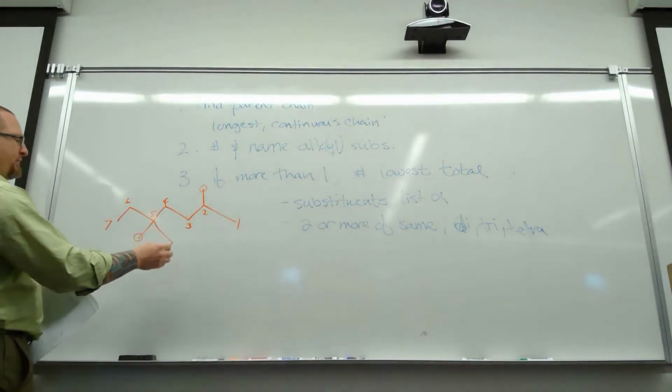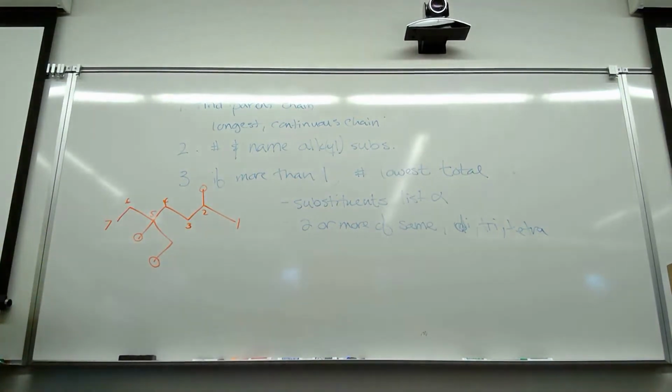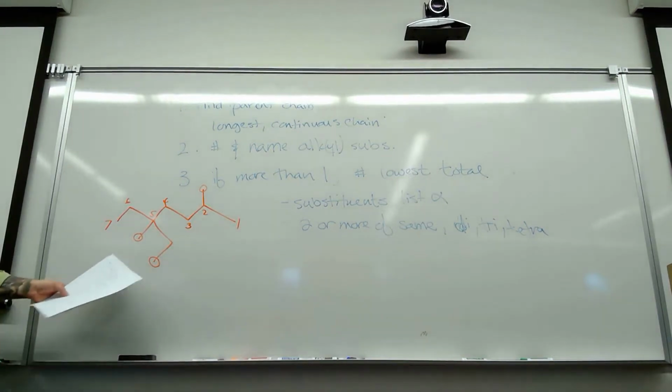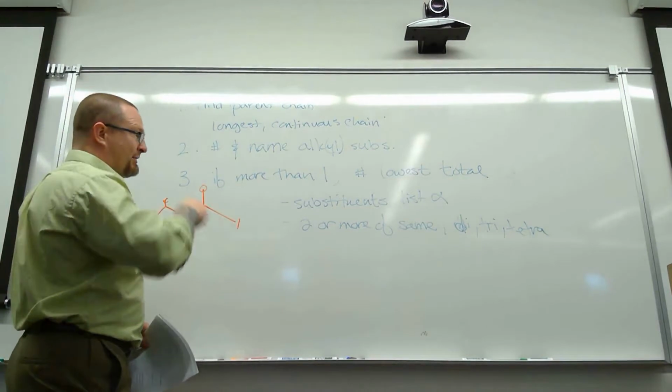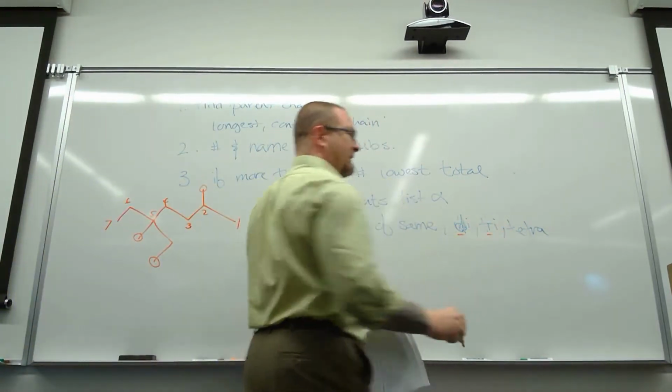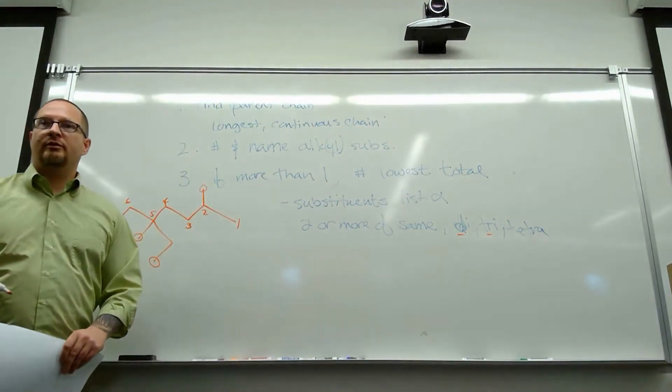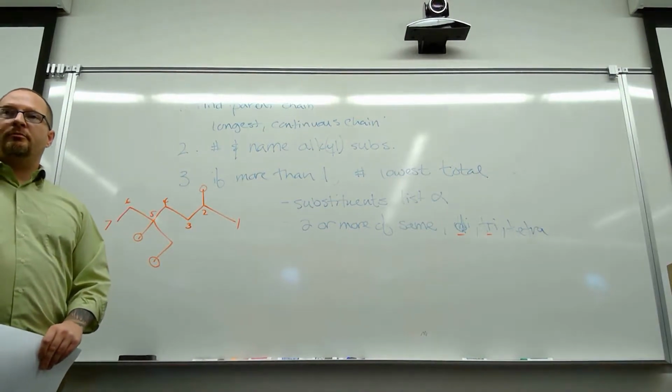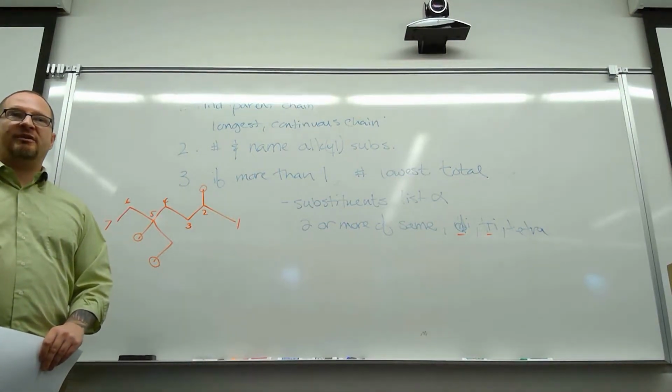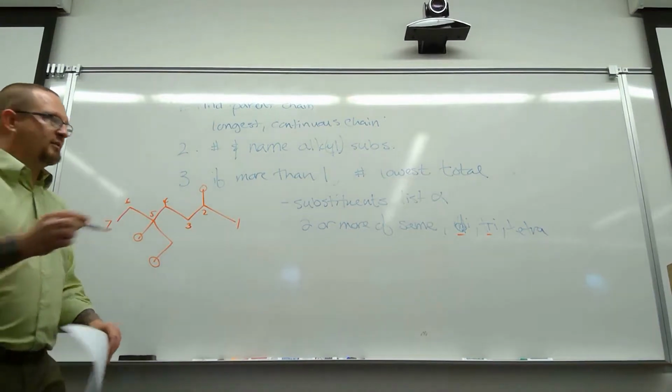So this would be, how many methyls do we have? 2. So we have a 2,5-dimethyl, and then we have an ethyl. So the di-tri doesn't factor into the alphabetical component. So methyl, ethyl, which one comes first as being listed? Ethyl, because it's alphabetic.